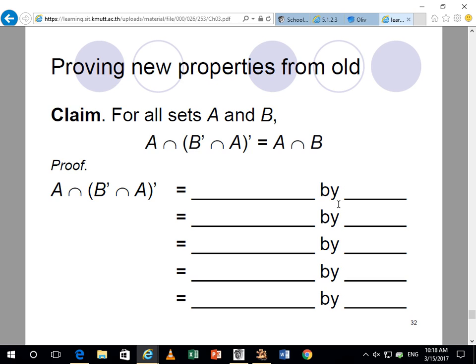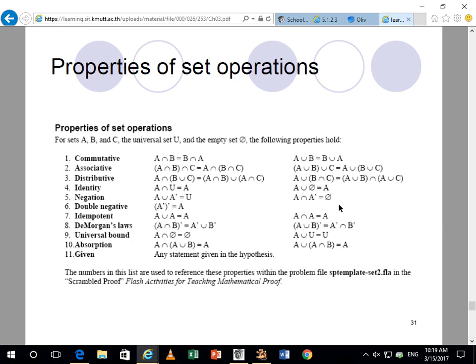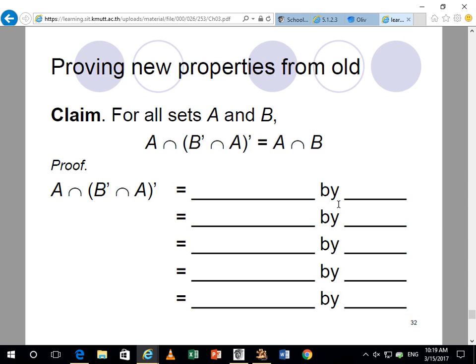We have seen some of these set operations from here and the proofs before. So given what we have learned already, let's try to prove a new property. This is something that we have not seen. Let's see if it's true. Well, we say it's true, let's try to prove it.